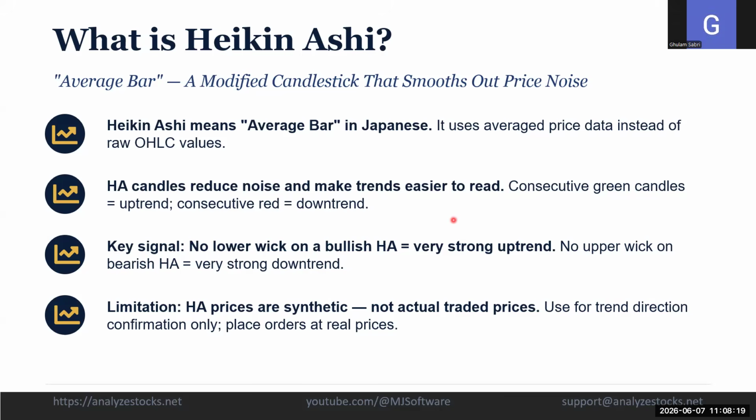And no upper wick on a bearish Heikin Ashi candle is a very strong downward trend. But everything has its own limitations, right? The limitation here is that Heikin Ashi prices are not the real prices, they are average prices. So they are synthetic, not the actual traded prices. So they are basically used for trend direction and confirmation.